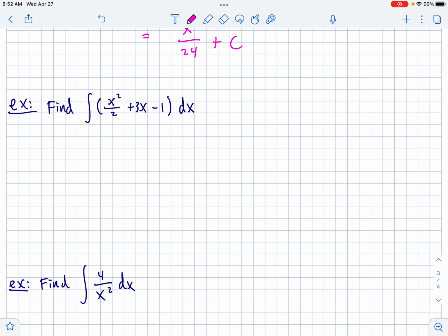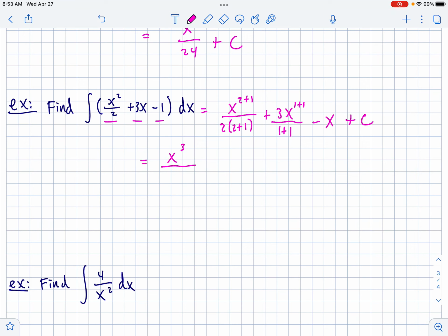Next up, we're going to integrate all 3 of these chunks here. So this is going to be using that backwards power rule. You get x to the 2 plus 1 all over 2 times 2 plus 1. And then plus, we can do the same thing here. This will be 3x to the 1 plus 1 all over 1 plus 1. And then minus 1x plus c.